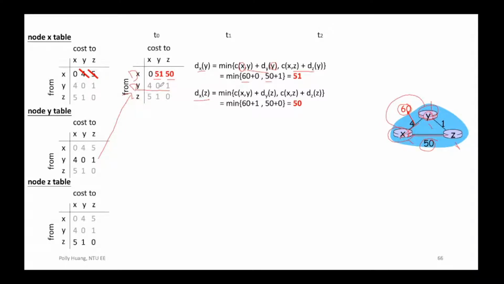So dyy, then it's 0. And then, for the second neighbor, z, what is z's perspective, the shortest distance to y? That will be dz to y.